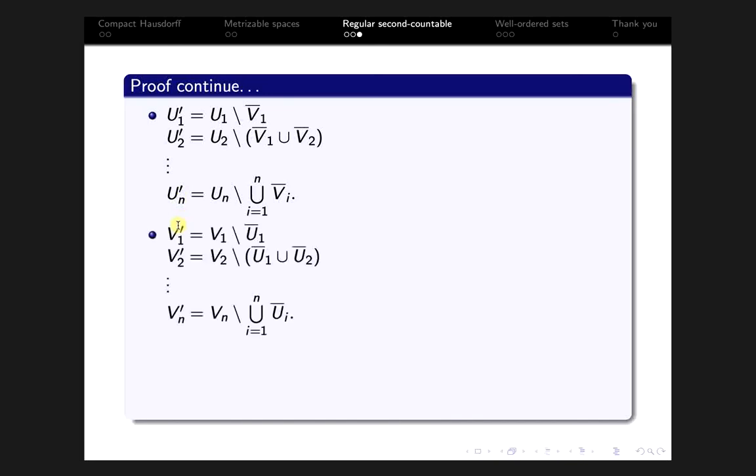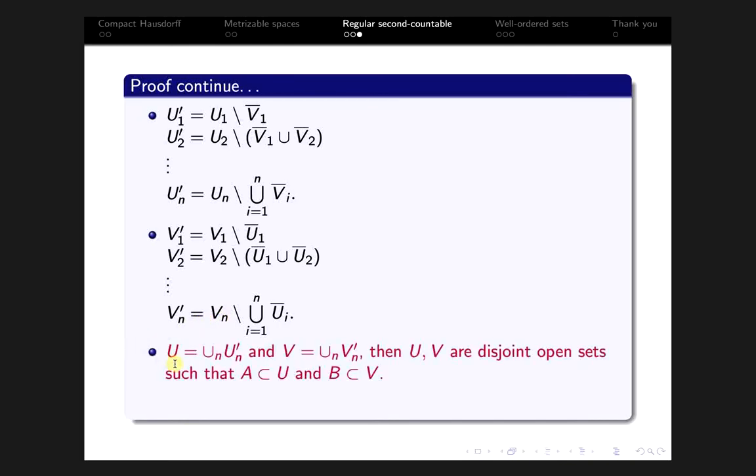And similarly, we define Vn prime equal to Vn set difference the union of Ui closure, i equal to 1 to n. So the Un primes and Vn primes are open sets. Now we define U equal to the union of the Un primes and V equal to the union of the Vn primes over n.